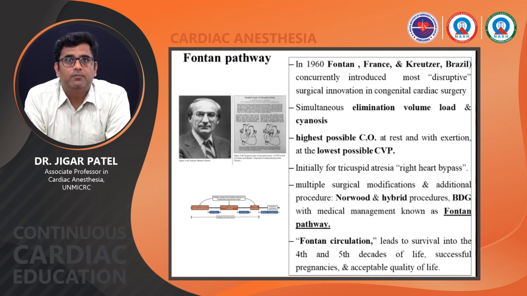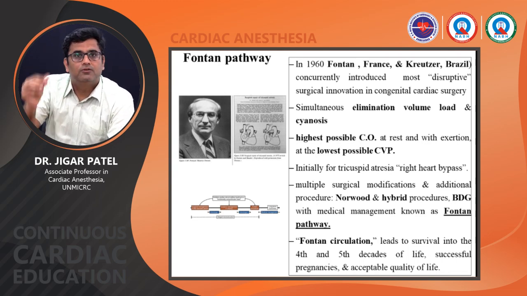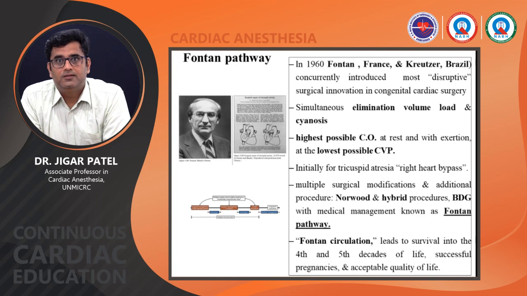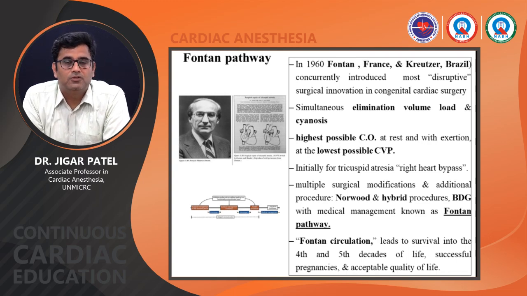Now this is the Fontan pathway. It is divided into 3 stages. The first stage is the surgical management in the neonatal period. So a neonate presenting with any obstruction to systemic or pulmonary blood flow will be surgically managed in this stage. Then after this stage there is a brief interstage, and once the child reaches infancy and develops cyanosis, then in stage 2 a superior pulmonary anastomosis is done.